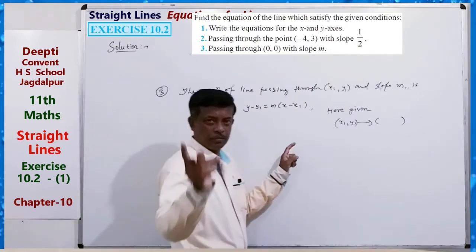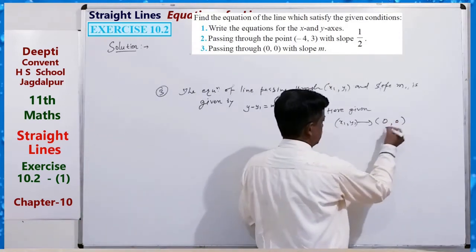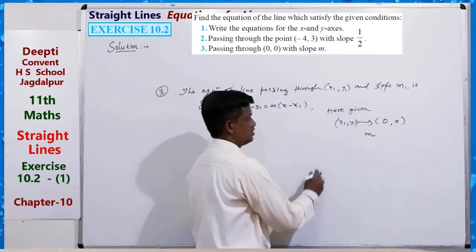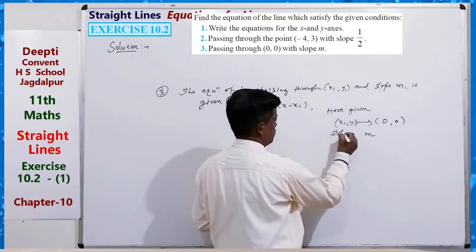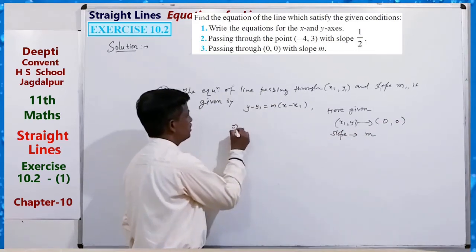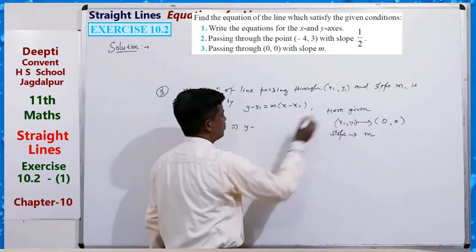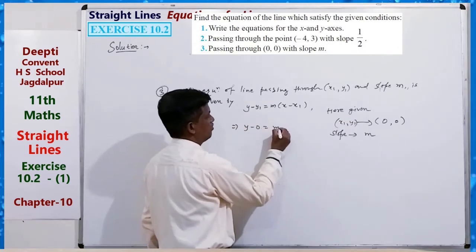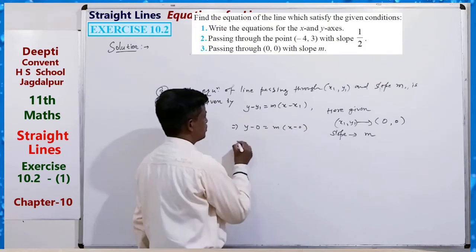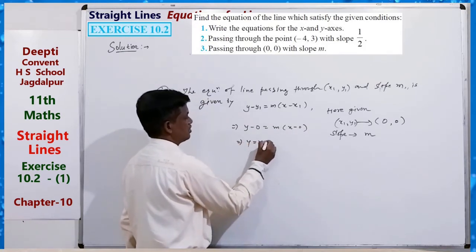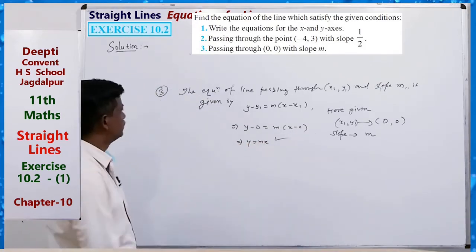So here, passing through the origin, that is 0, 0, and slope m. Just put y minus y1, which is 0, equals m times x minus 0. So we get y equals mx. So this is the answer.